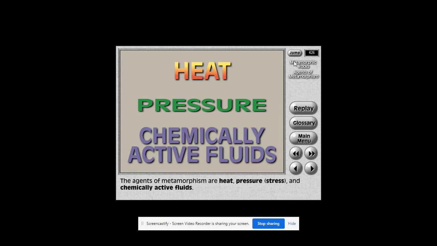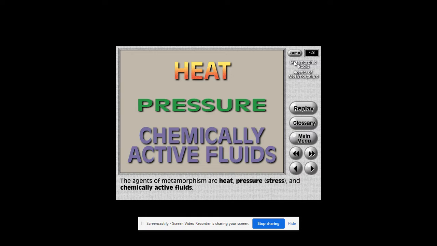And these are the three agents here of metamorphism that transform existing rocks into something else. Heat, pressure, obvious. Chemically active fluids. Deep underground, there's water in the crust, and that water can be very, very hot. And because it's so hot and it's under so much pressure, it has a huge ability to hold ions in solution and to transport them from one place to the other where they can cause chemical reactions.